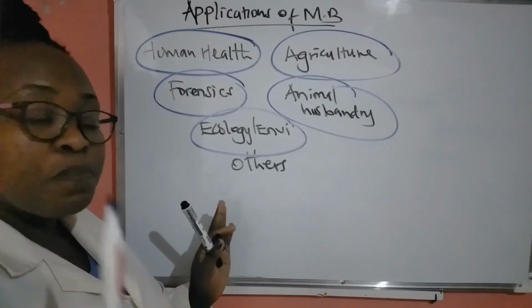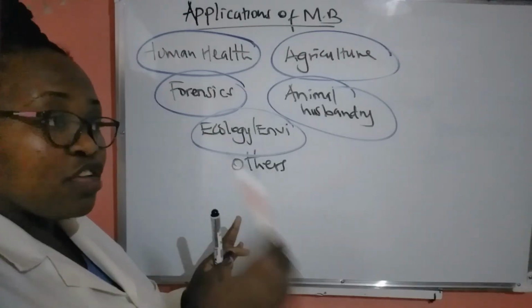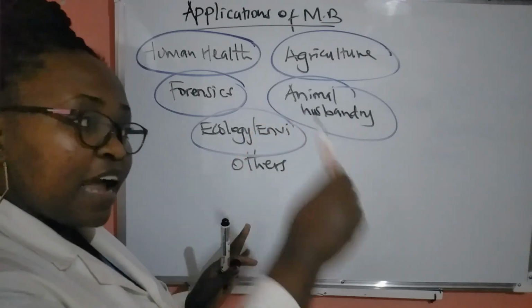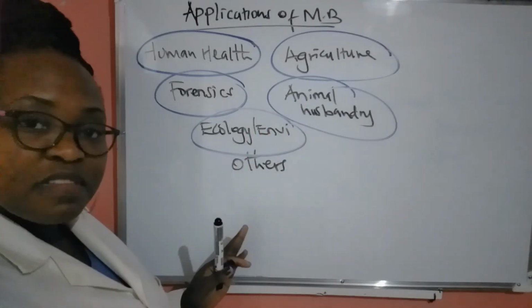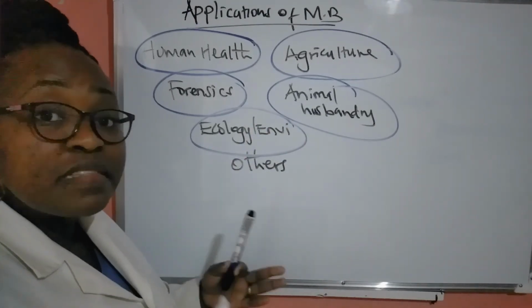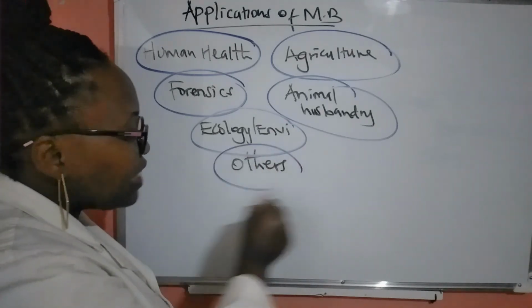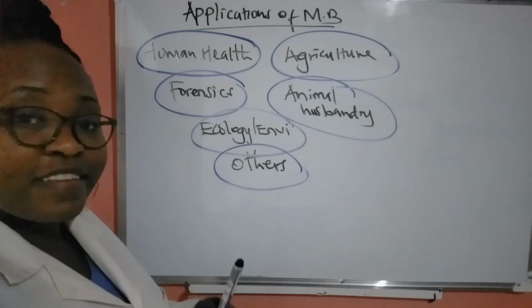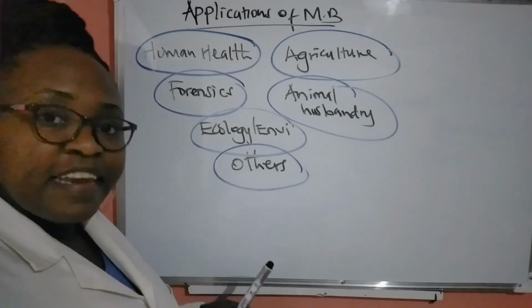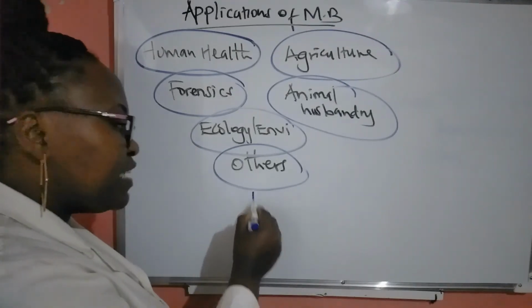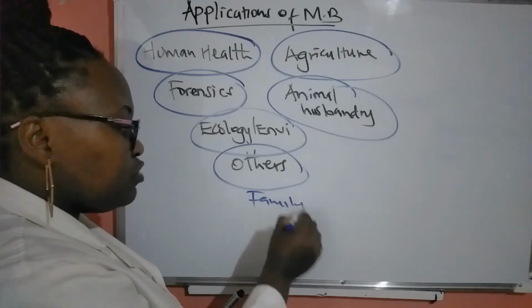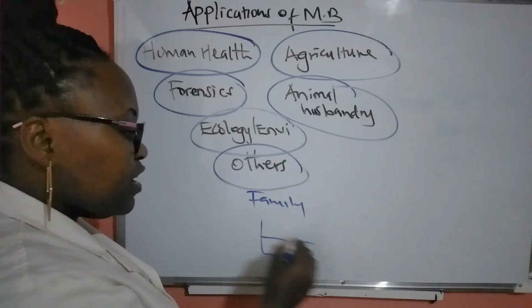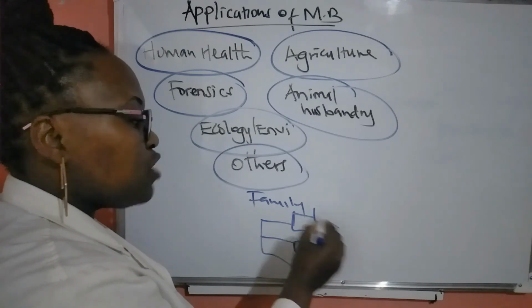It is also used in species identification, that this is a human being, this is an animal, the specific species, like the way humans are Homo sapiens sapiens. And others, we have it being used in phylogeny, which is the study of the relatedness of organisms, where we build a family tree to show organisms and how related they are.